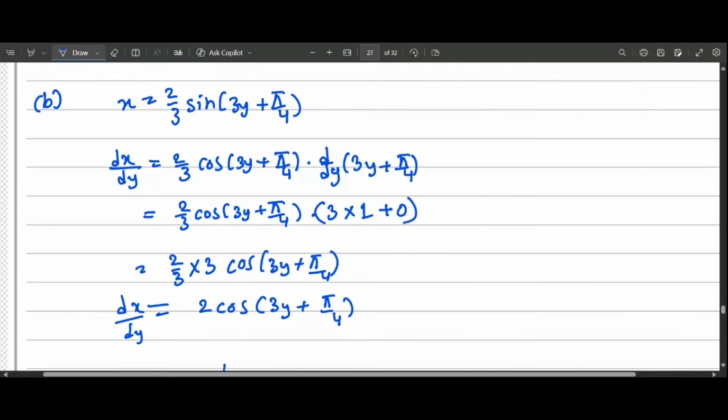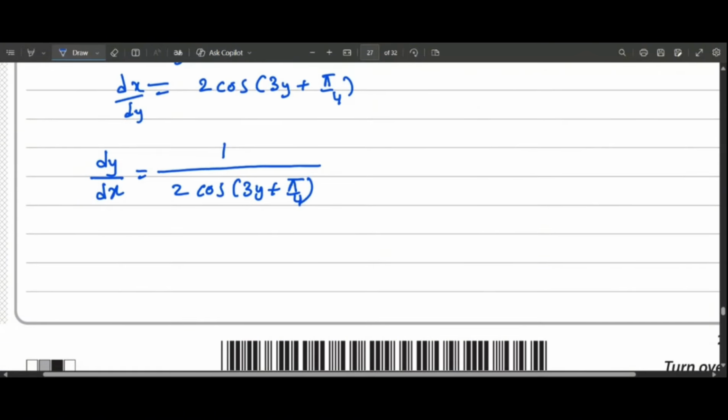So what we are going to do is square both sides of this equation. So dy by dx whole square is equal to 1 square divided by 2 square into cos square 3y plus pi by 4.